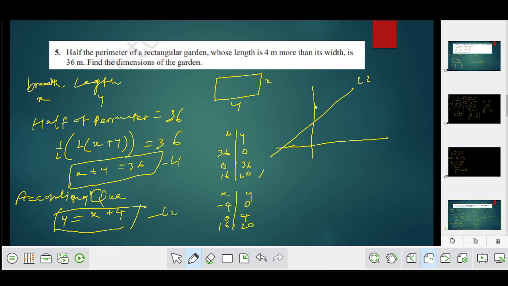So here 36 comma 0, -4 comma 0, here 16 comma 20. Clear?